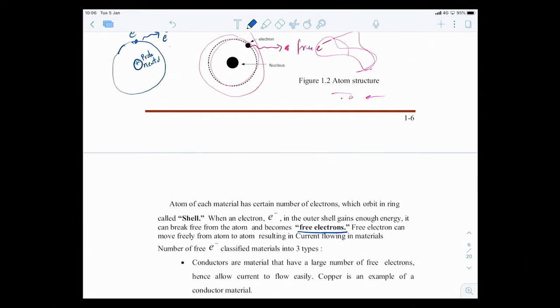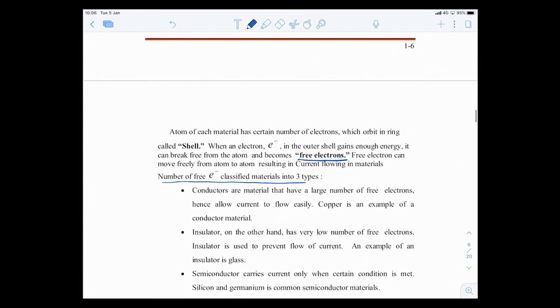Also, the number of free electrons can classify materials into three types. One is the conductor. Conductor materials are the materials that have a large number of free electrons, and hence allow currents to flow easily. Copper is an example.